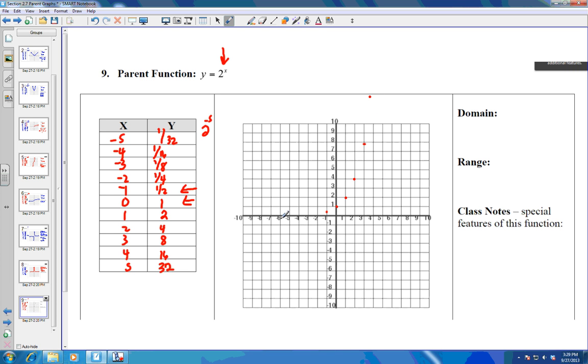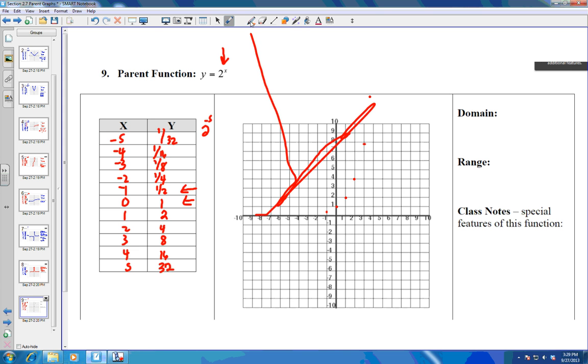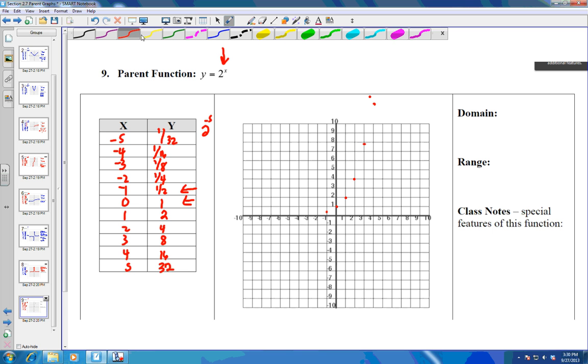And then as I get closer and closer here, it's going to get closer and closer to 0. All right, so when I graph this, it's going to get closer and closer to 0. So it's going to look like this.